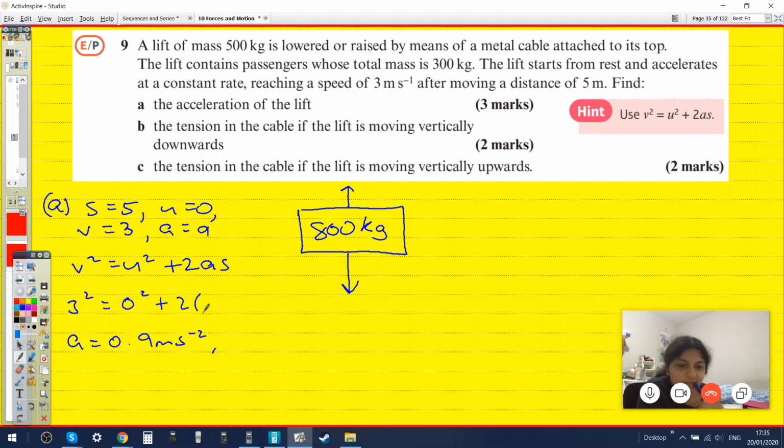What else? 5 times A. Pardon? The tension if the lift is moving downwards.